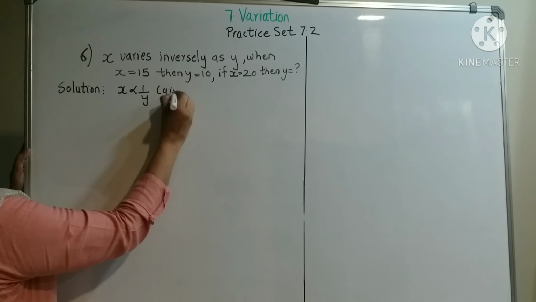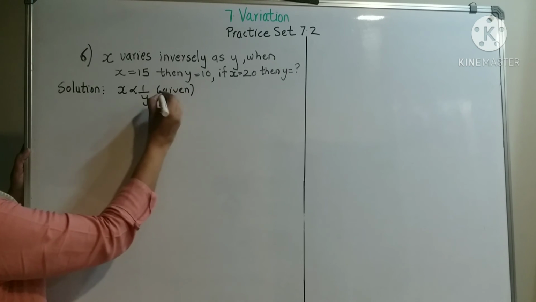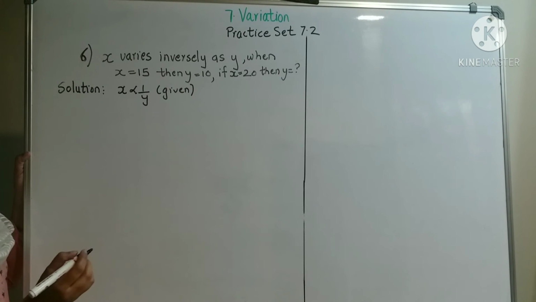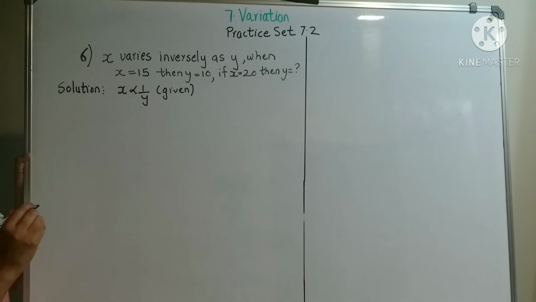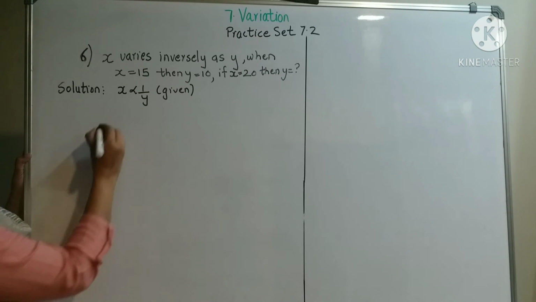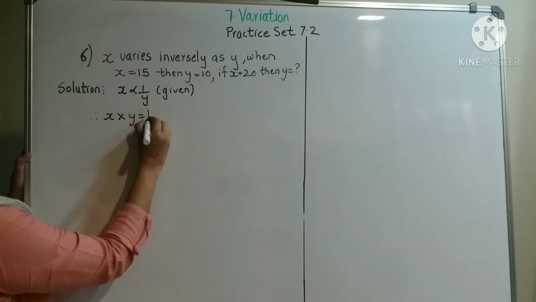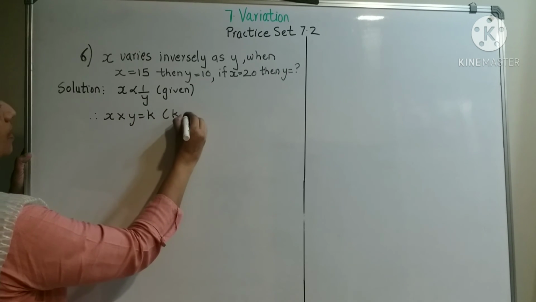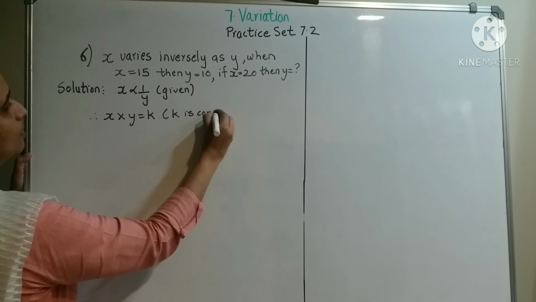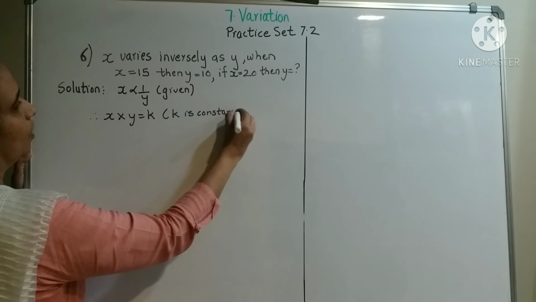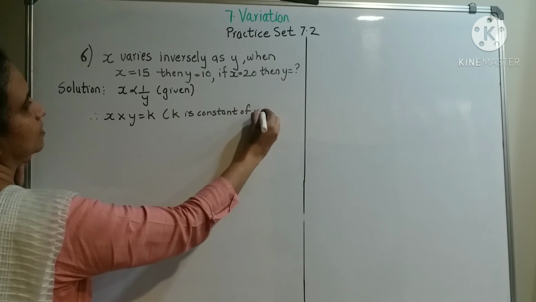This is given to us. In case of inverse variation, the product of two quantities is constant. Therefore, x into y is equal to k. k is constant of variation.